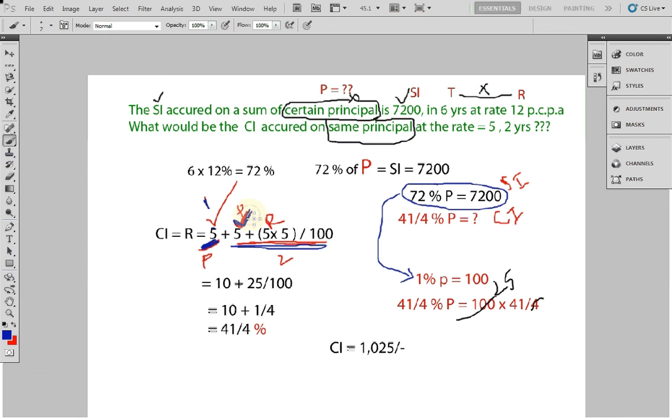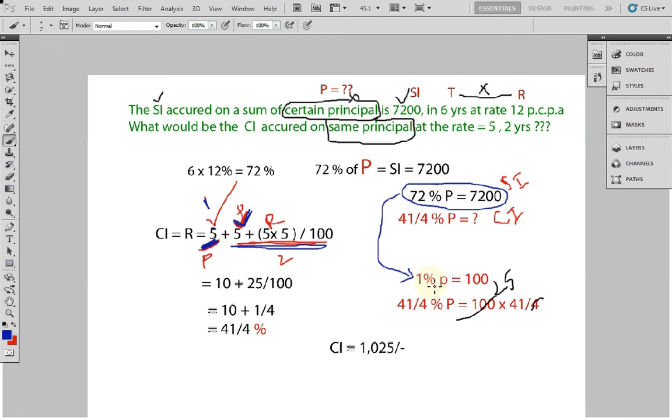First year's rate of interest is 5, so R percent of rate of interest is R percentage of R, it's R into R by 100, it's 5 into 5 by 100. You got me? It's very easy if you just think once. It's nothing but 10 plus 25 by 100, 25 gets cancelled here 4 times, it's 41 by 4 percentage.